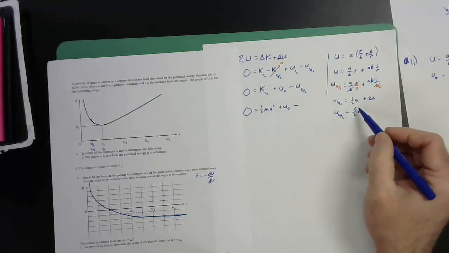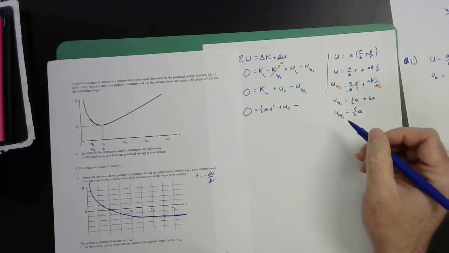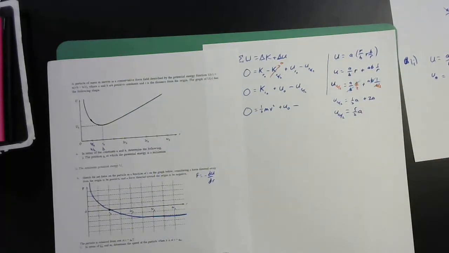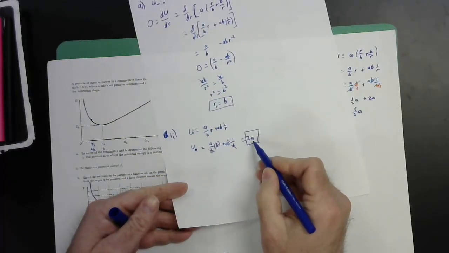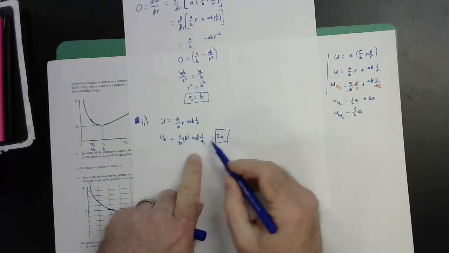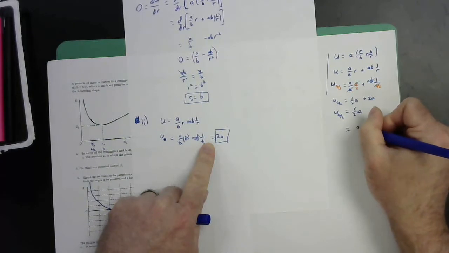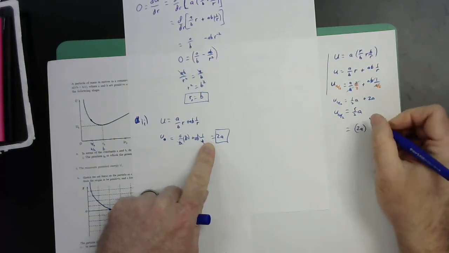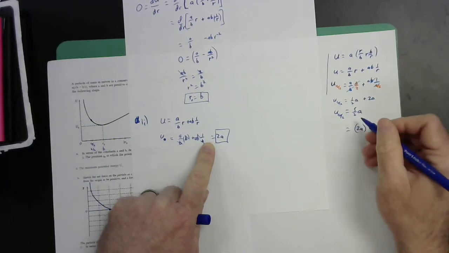Now, I could put the 5/2 A in there for U at R naught over 2, but I want my answer in terms of U naught, and I already know a relationship here. I know that U naught is 2A. Can I rewrite this in terms of U naught, in terms of 2A? In other words, can I factor a 2A out? What would I have to multiply 2A by to get 5/2 A?